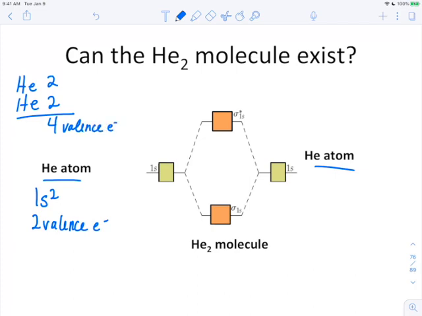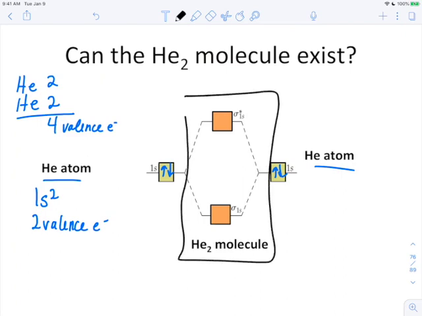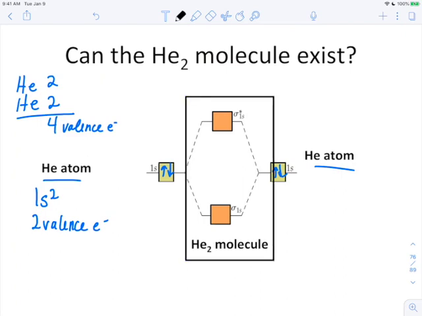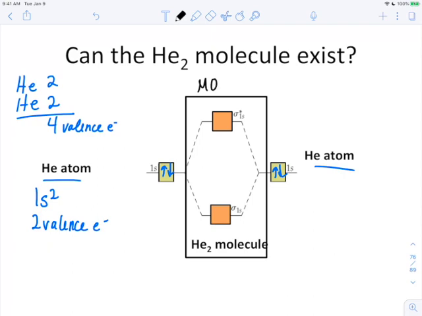Now it's optional whether you want to go ahead and fill in your electrons here, but what I definitely need you to do is the middle part right here, which is your MO diagram. All right, so we have 4 valence electrons.